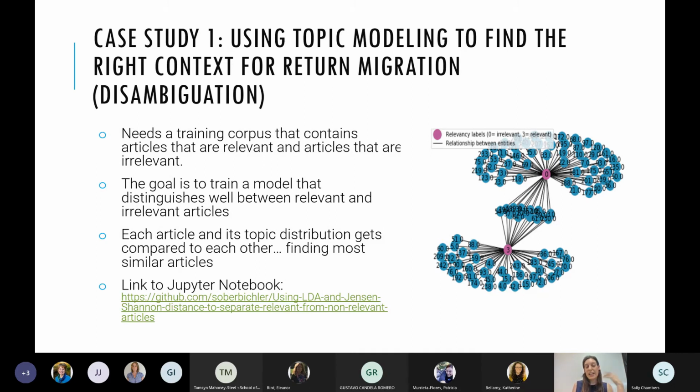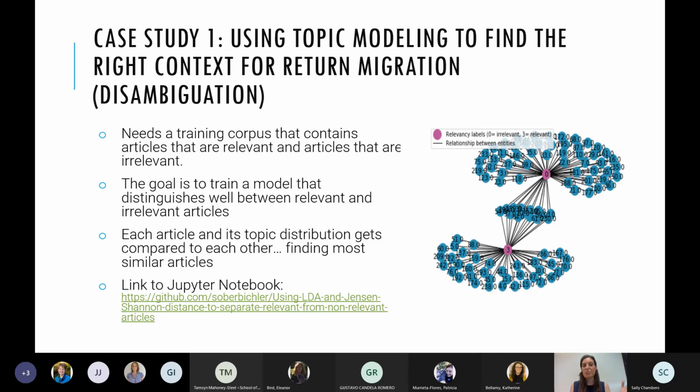So what I did first was, of course, create a training corpus, which means I was manually collecting relevant and irrelevant articles. I chose the number 3 for relevant and the number 0 for not relevant, and I manually created this collection and annotated it with those numbers.